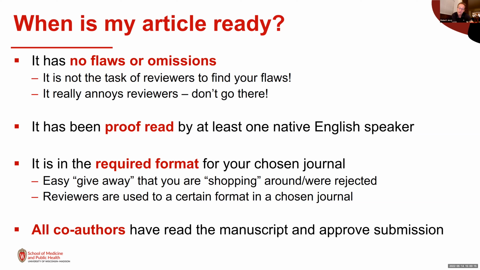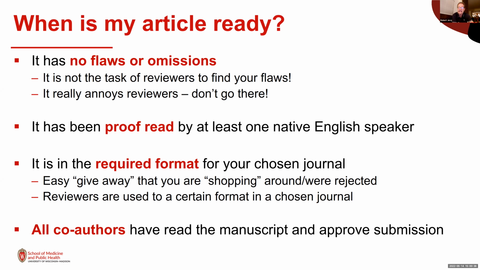If at all possible, papers should be proofread by at least one native English speaker, except if you're submitting to a journal in a different language. And it should be in the required format. Often you see articles submitted to a journal that are clearly written for a different journal.